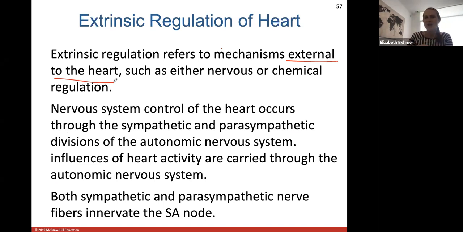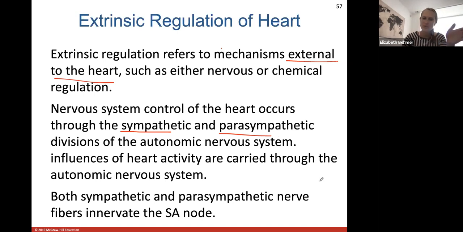Nervous system control of the heart occurs through the sympathetic and parasympathetic divisions of your nervous system, and these help to influence heart activity, all carried through the autonomic nervous system. So remember, when we talked about the nervous system, your autonomic nervous system, we divide it into a sympathetic and a parasympathetic division. The sympathetic division will increase heart rate, and the parasympathetic decreases heart rate.